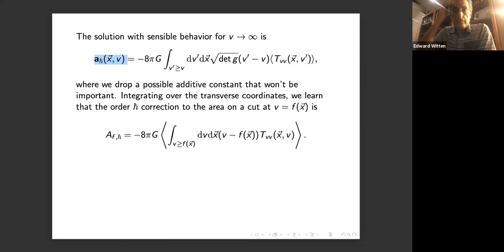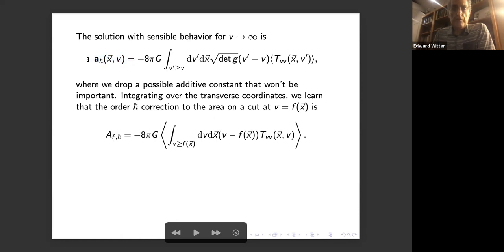And if I want to know the order h bar correction to the integrated area, I have to integrate this one over the horizon. But if I want to know the area at v equals f of x, that means I want to evaluate this at v equals f of x. So I do the integral for v prime bigger than f of x.